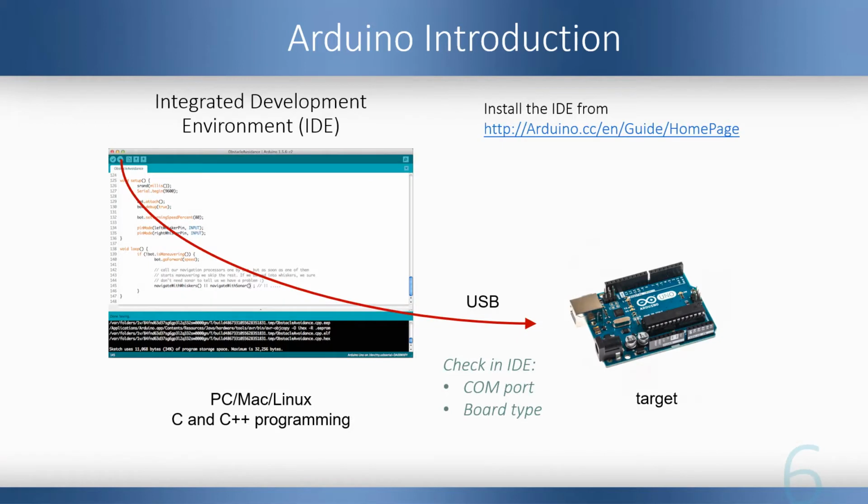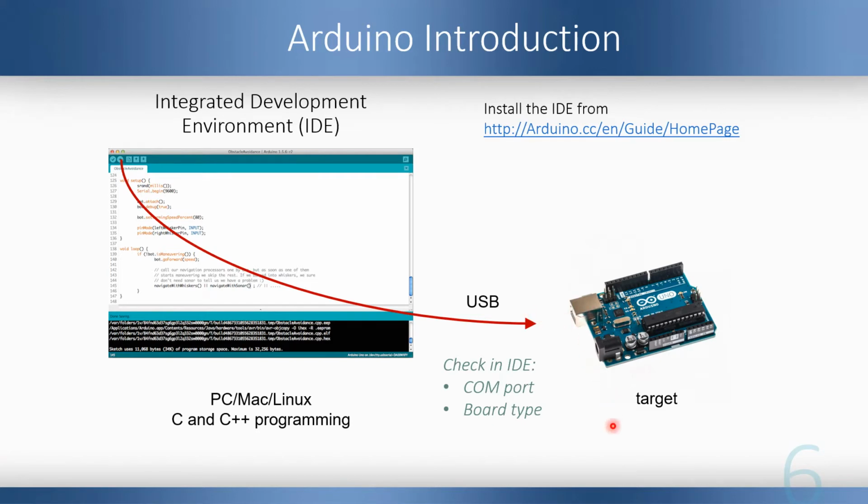You can download the IDE that we will use for programming from the link of the official Arduino website. This IDE, or Integrated Development Environment, this application will help you to write your code, and it will compile it and upload it to the target using the COM port, which will be connected through the USB.